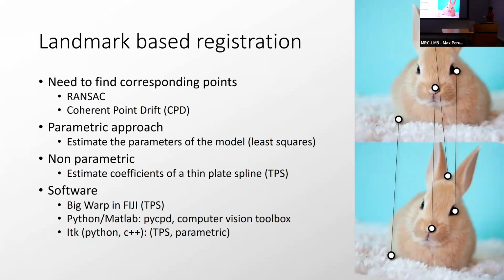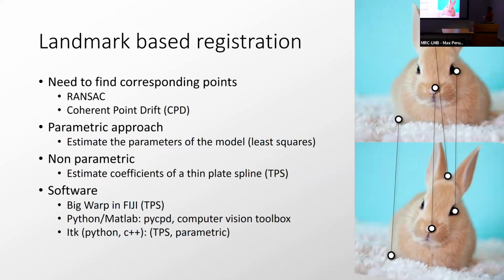You can also have a non-parametric approach, which is called a thin plate spline, which will interpolate the deformation to best match the pairs. You have software such as BigWarp in Fiji, which implements the thin plate spline.